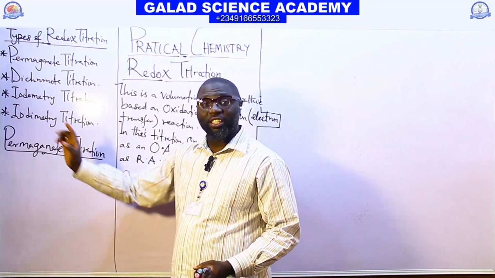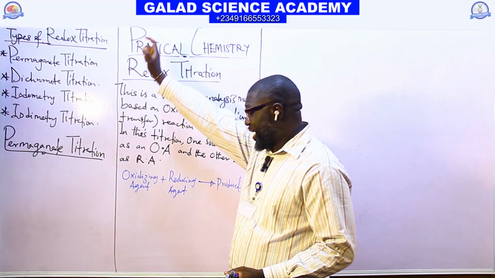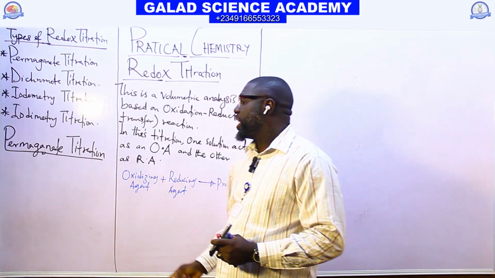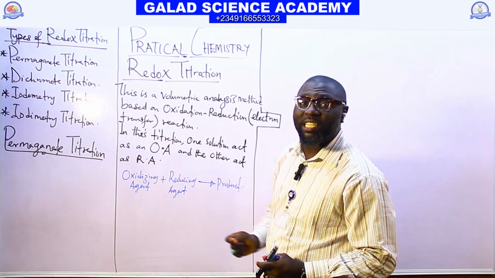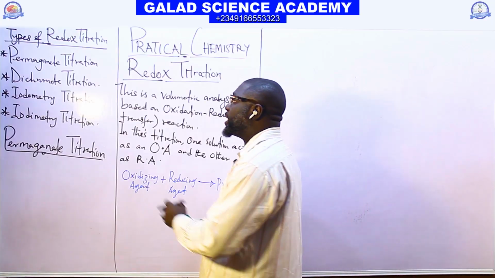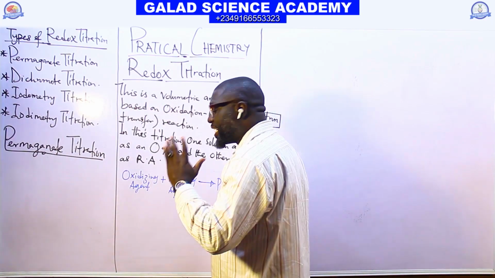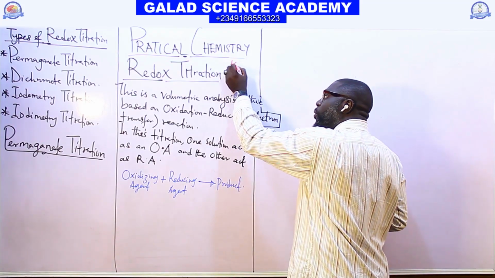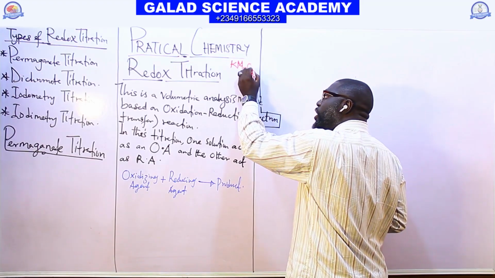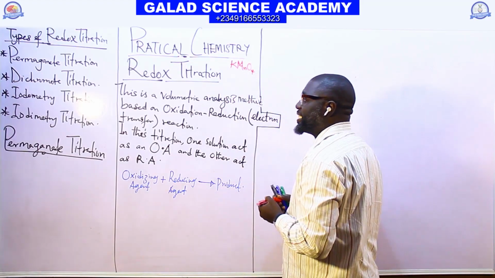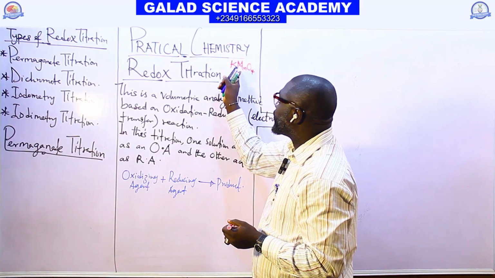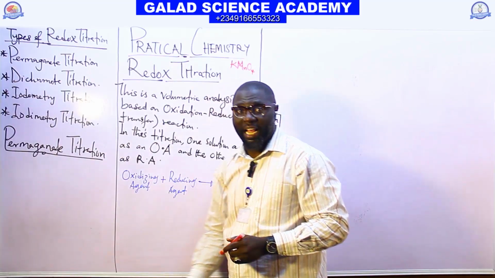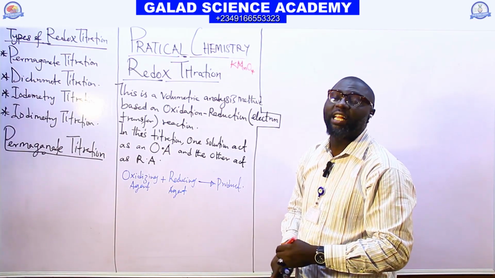It is a kind of redox titration in which KMnO4 is used as an oxidizing agent. When KMnO4 is used as the oxidizing agent, the type of redox titration is called permanganate titration or permanganometry titration.